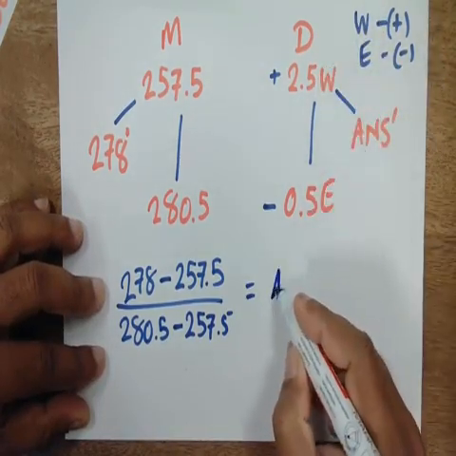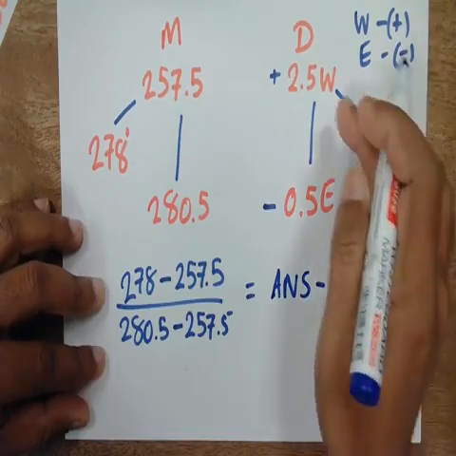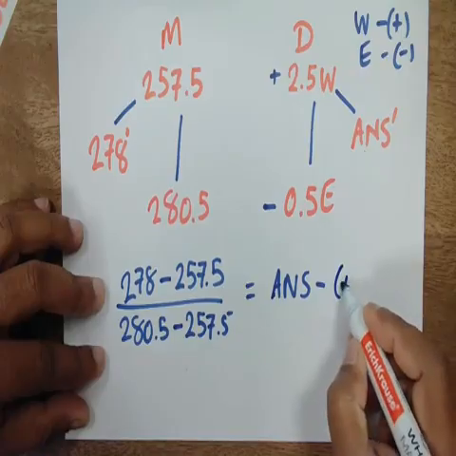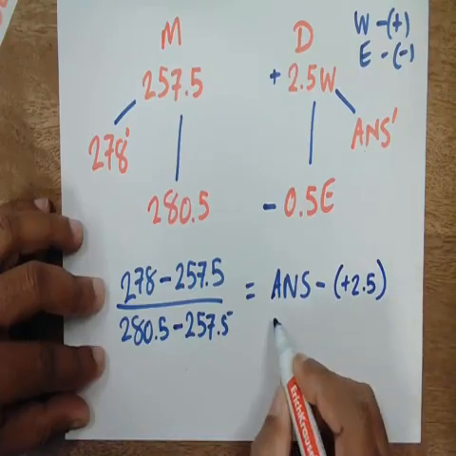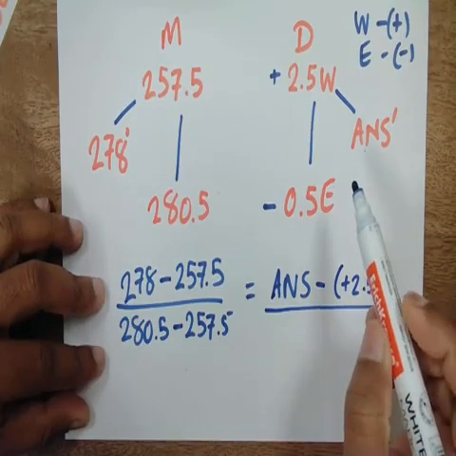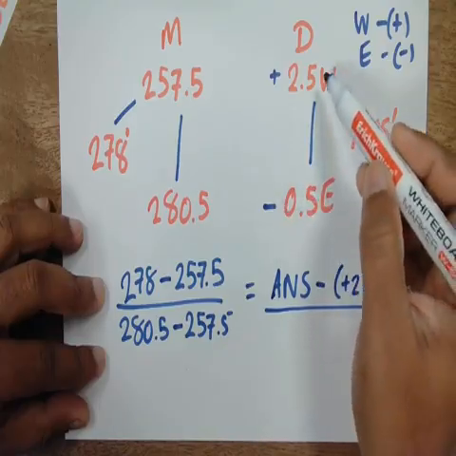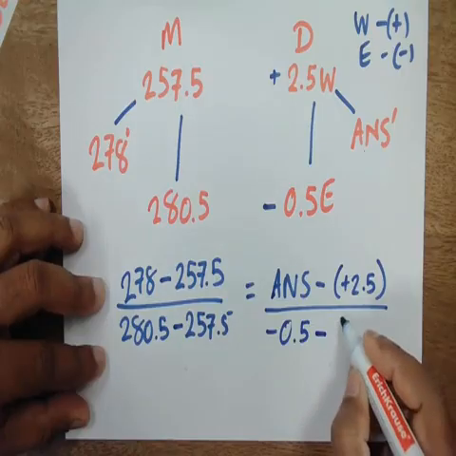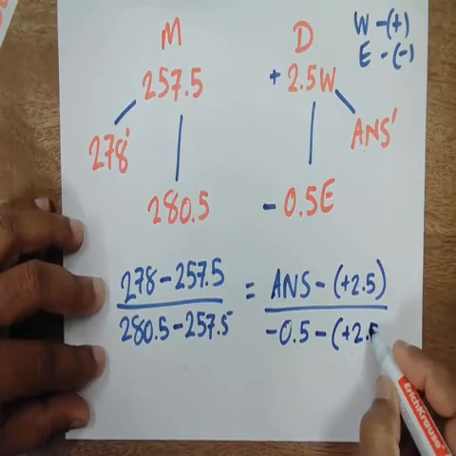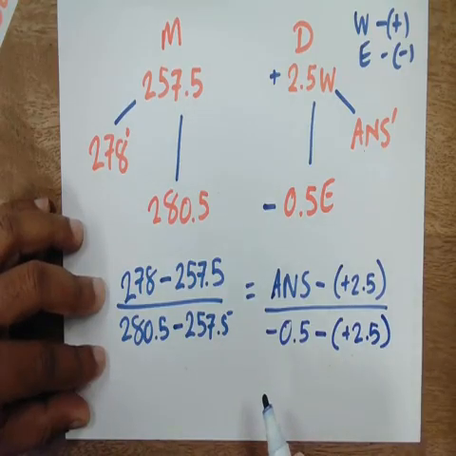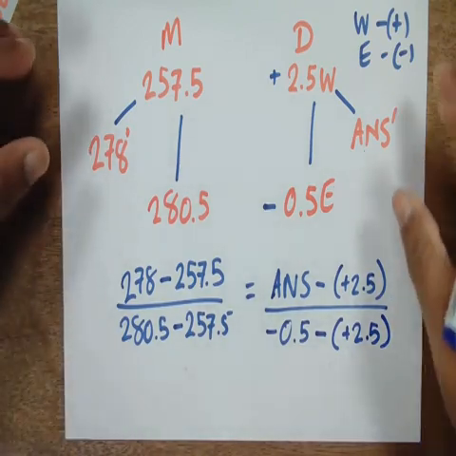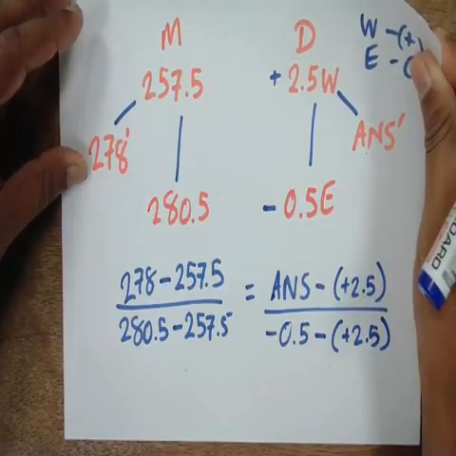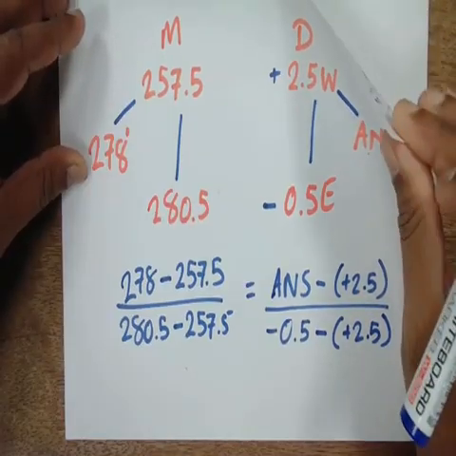So when you find the difference between these two, the answer is minus plus 2.5, plus 2.5, and this value minus this value means minus 0.5 minus plus 2.5. Okay, so let's go into the next page and let's see the answer.